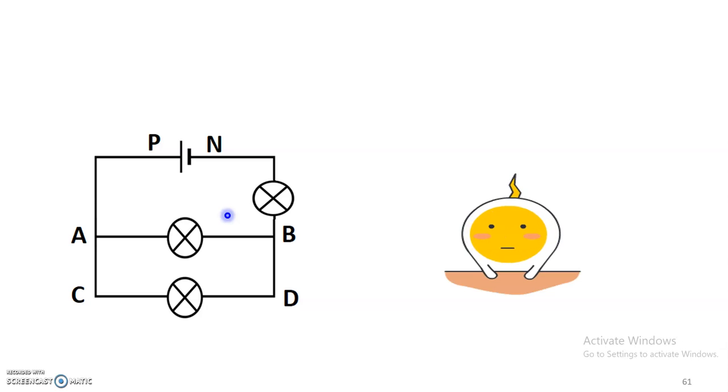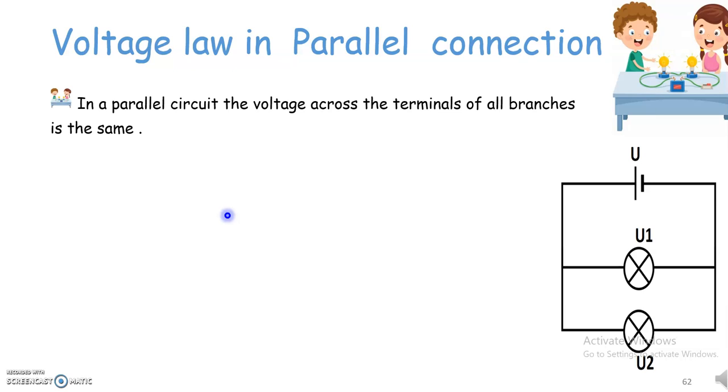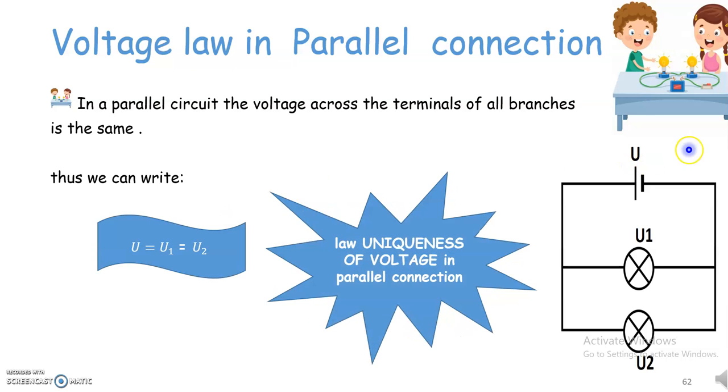Now we want to talk about laws in parallel connection. The first law in parallel connection, concerning the voltage, says that in a parallel circuit the voltage across the terminals of all branches is the same. Meaning the voltage across the battery. Remember that the voltage itself doesn't go anywhere.